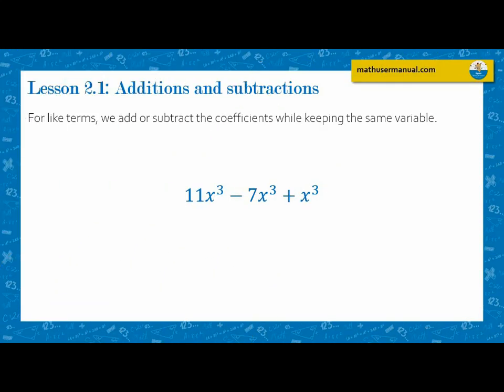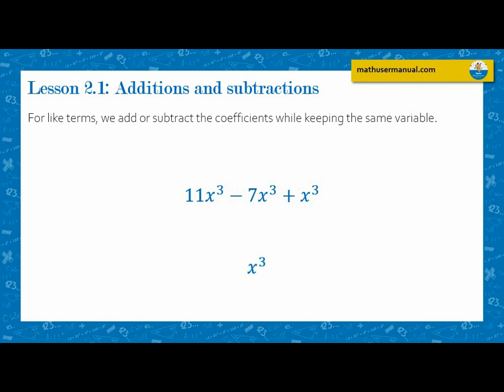Let's do it one more time. This time, even though the x's are to the power of 3, they all have an x to the power of 3, meaning they are all like terms. So as long as they all have the same variable with the same power, they are like terms. So if they are like terms, we can repeat the procedure.